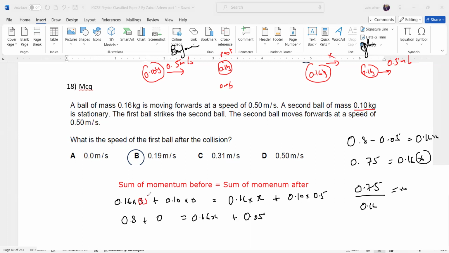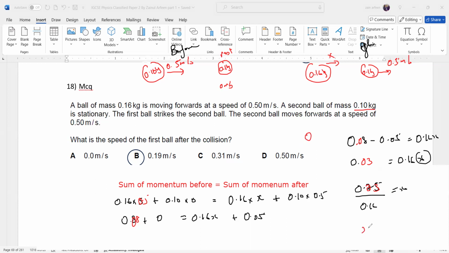So it will be 0.16 times 0.5, that will give us 0.08. 0.08 minus 0.05, so this will be 0.03. Then 0.03 divided by 0.16.